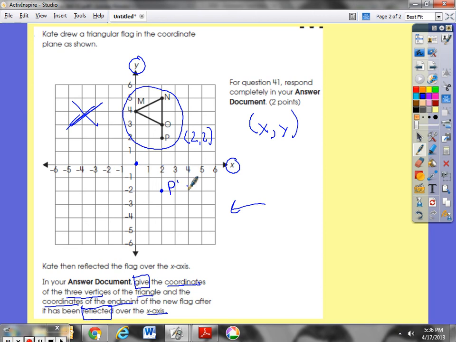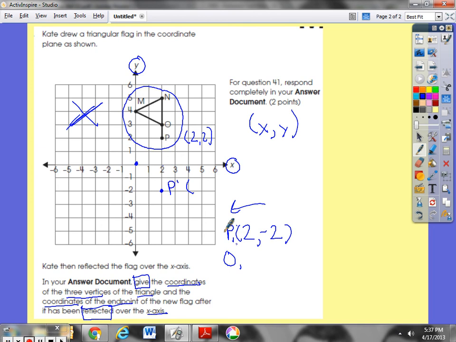They've said to list it, so I'll put P image is at still 2, but the y value is at its opposite now. It's at -2.